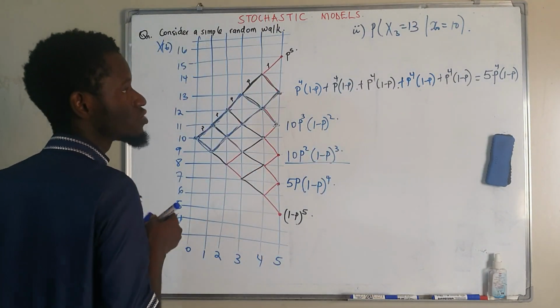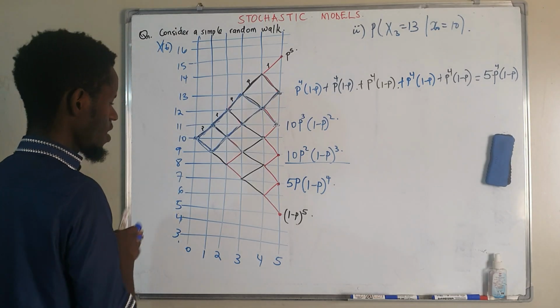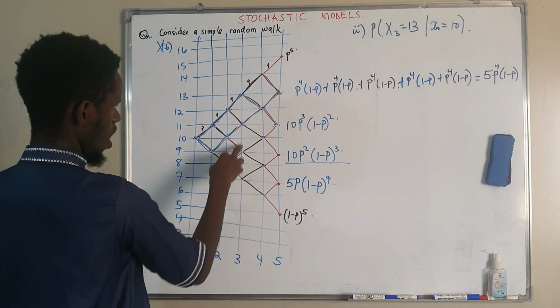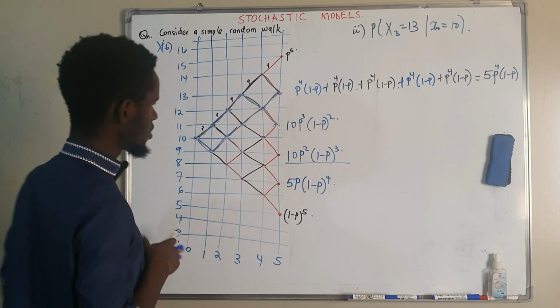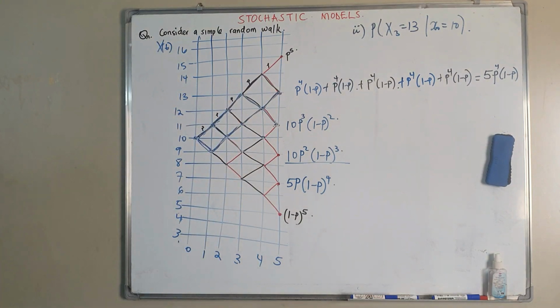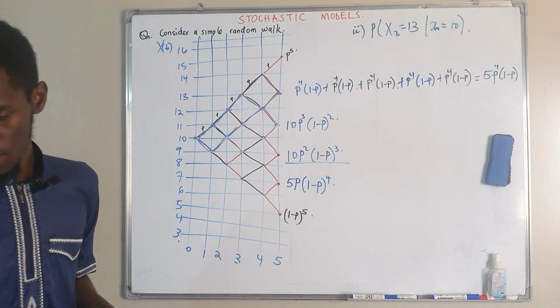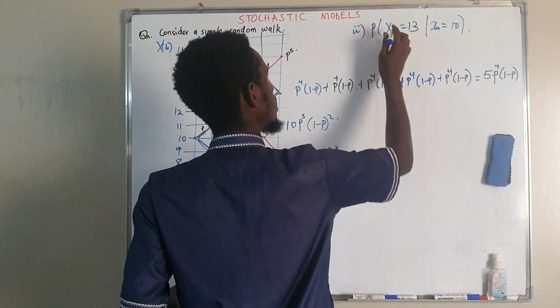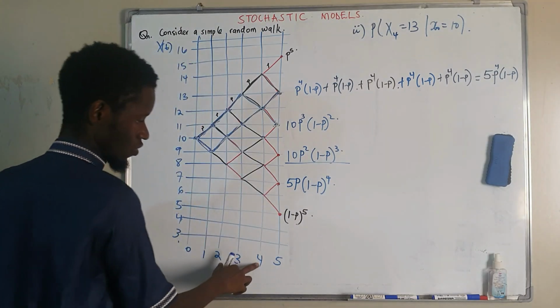Now the probability of X3 equal to 13. X3 is here. X3 being 13, I move up to here. Now let's find the probability of X4 equal to 13.